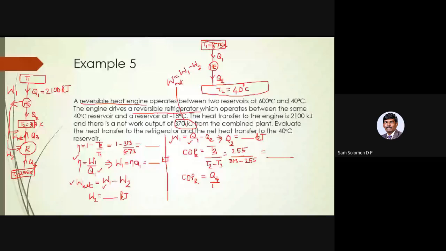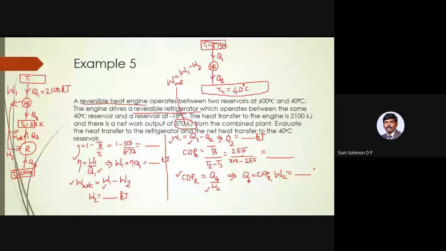Now you know the value of the COP and the value of W2, so you can find out the value of Q4, which is simple multiplication of COP of the refrigerator multiplied by W2. So this will once again give you some value in kilojoule.